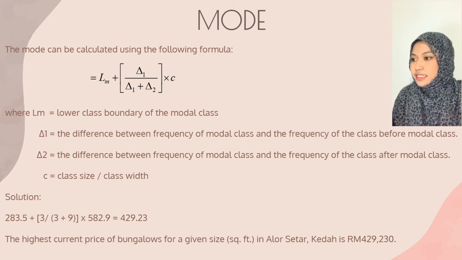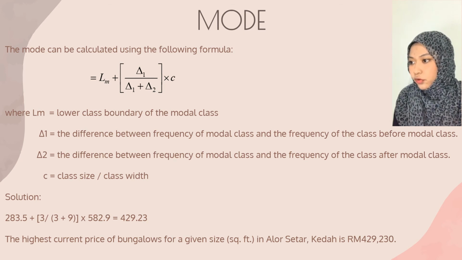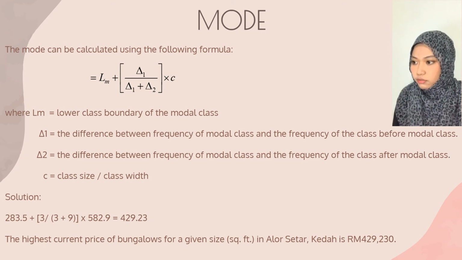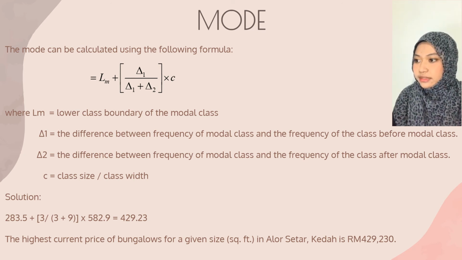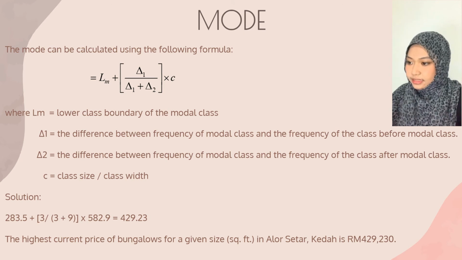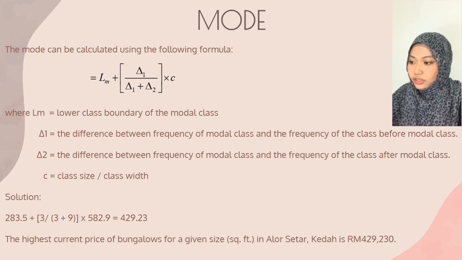Next, for the mode calculation, we will use the following formula, where Lm is the lower class boundary of the modal class, which is 283.5, and triangle 1 is 3, the difference between the frequency of the modal class and the frequency of the class before the modal class. We divide triangle 1 by triangle 1 plus triangle 2. Triangle 2 is the difference between the frequency of the modal class and the frequency of the class after the modal class.